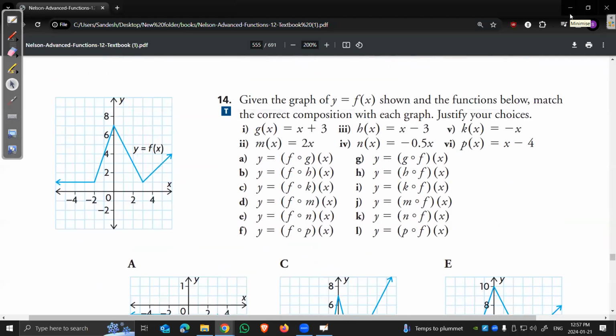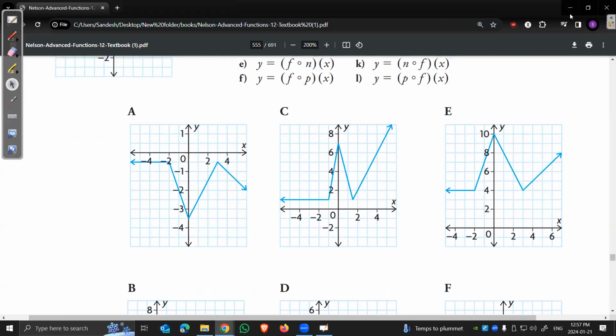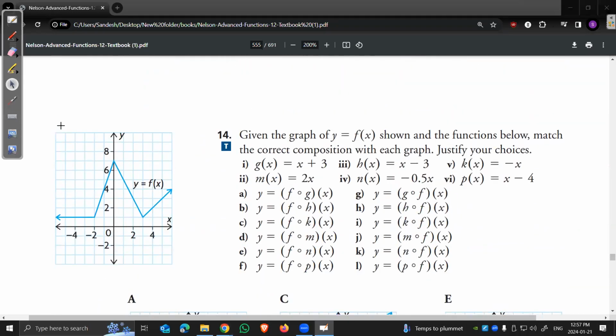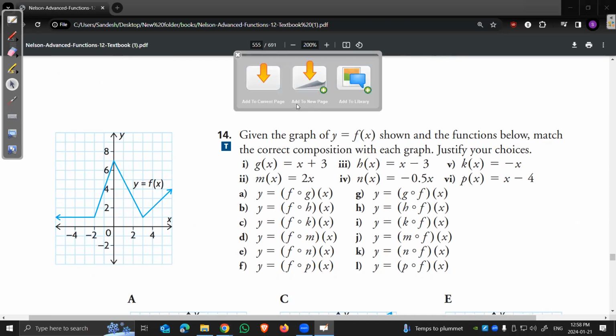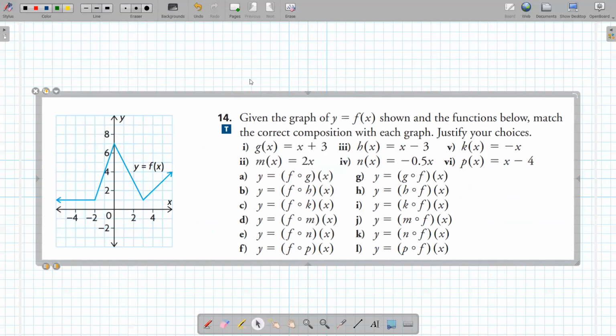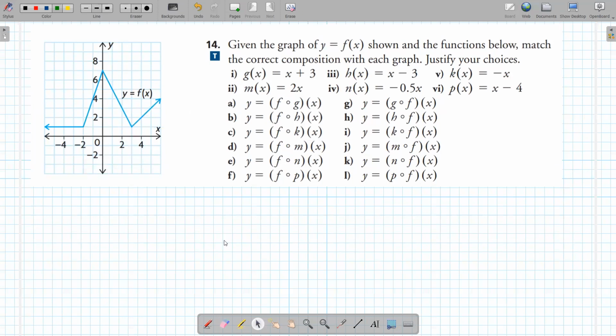What is going on with this one? I don't even know. It's a lot of graphs. Maybe I'll just do 1 or 2 of these. So this is f of x. Let's do at least 1 or 2 of these.